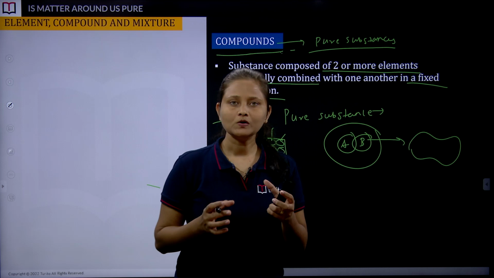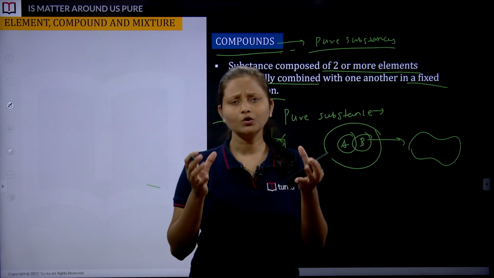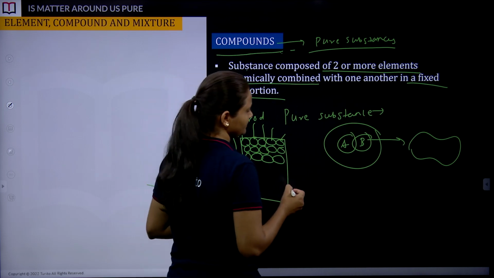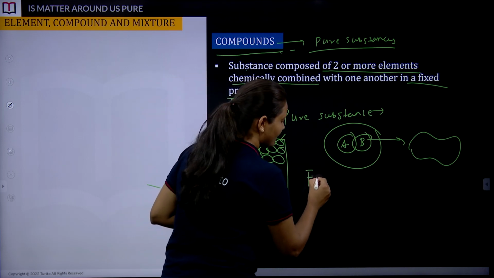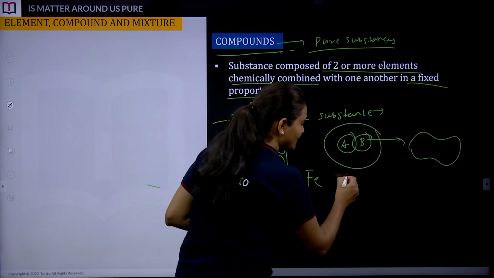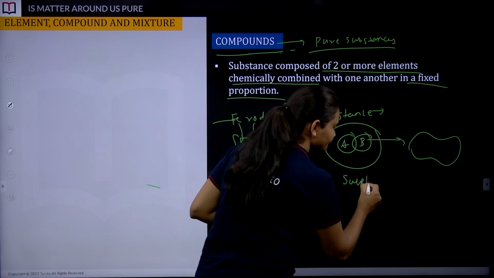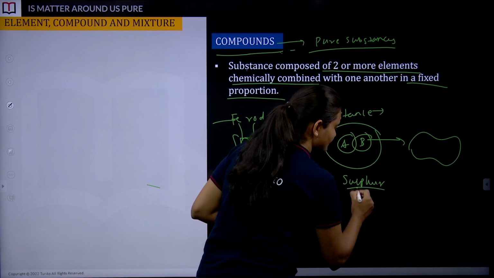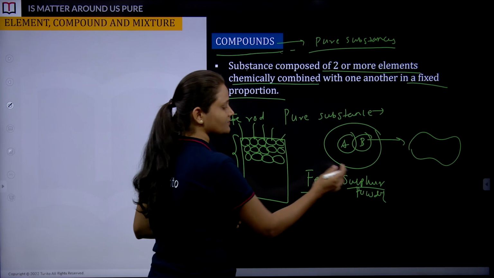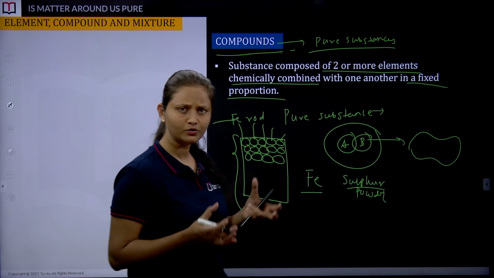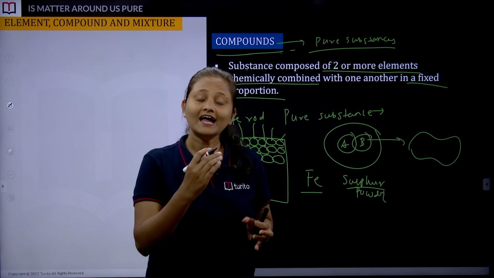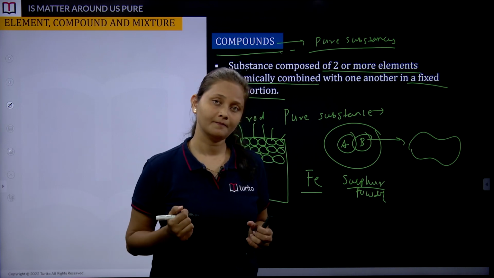Let me give an example. I am having iron filings and I am having sulfur powder, which is yellow in color. See, iron is a metal, sulfur is a non-metal, and if we take them in any random proportion, that becomes a mixture.